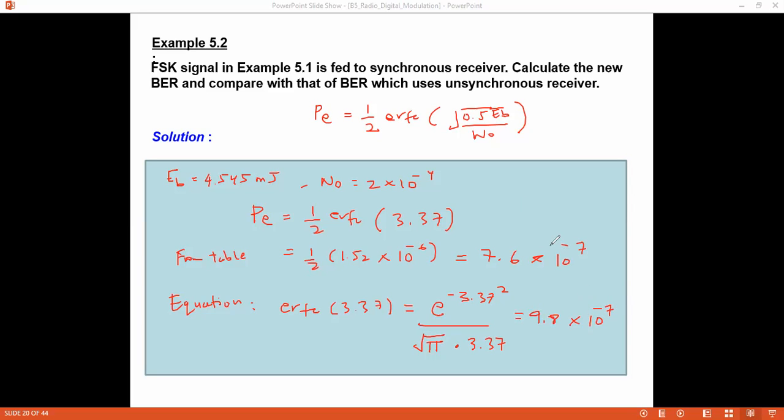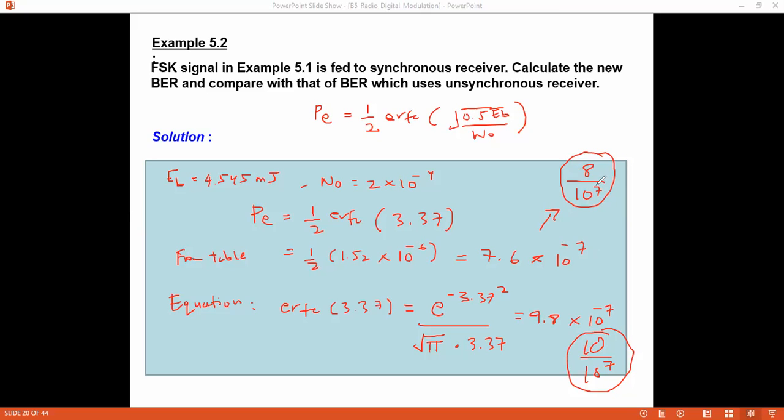You can notice the difference here between the table and the equation. Here it's around 8 error bits per 10 million, and over here it is 10 error bits per 10 million. But in terms of order, the bit error rate is similar, which is 10 to the minus 7.